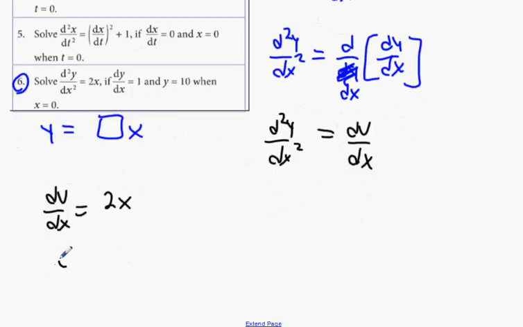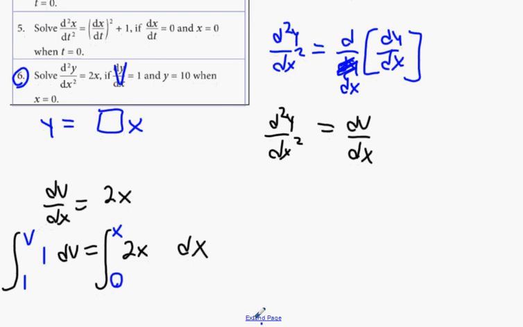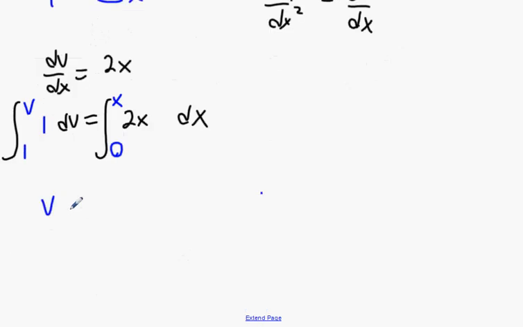Cross multiply, dφ equals 2x dx. Integrate it. Now, it says that phi equals 1 when x equals 0, x on top, phi on top. Integrate both sides. You're going to be left with phi, and then it goes from phi to 1.